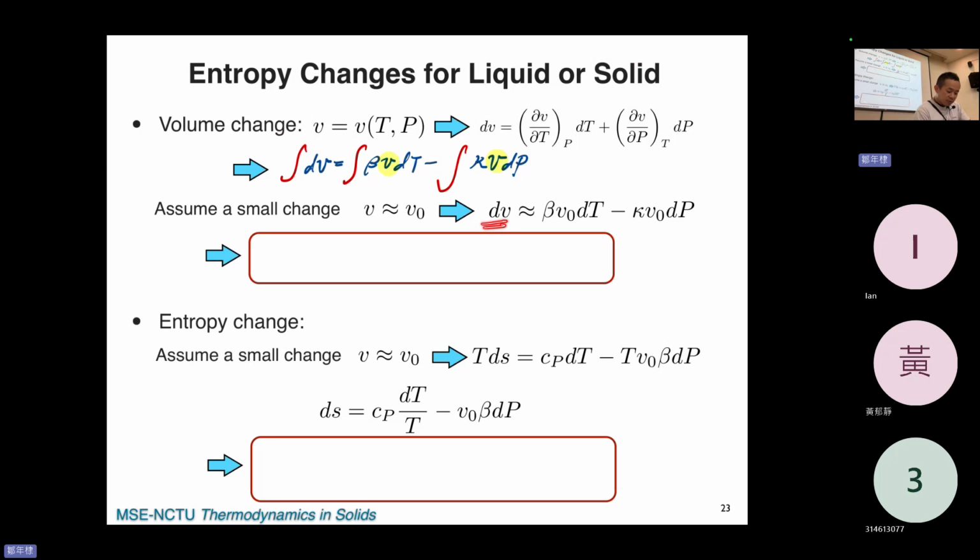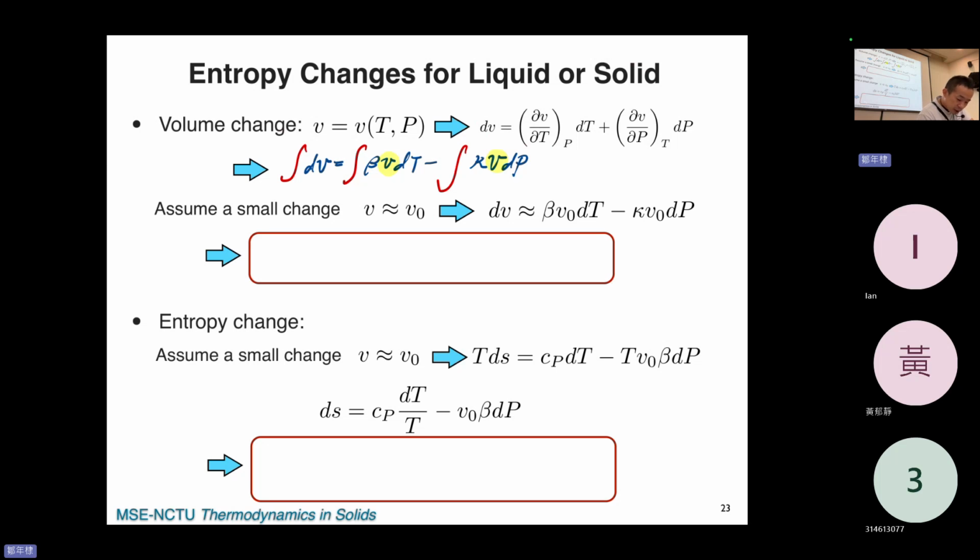So the V can be taken out to the outside, and V is approximately equal to the original volume. So your dV can be treated like this.